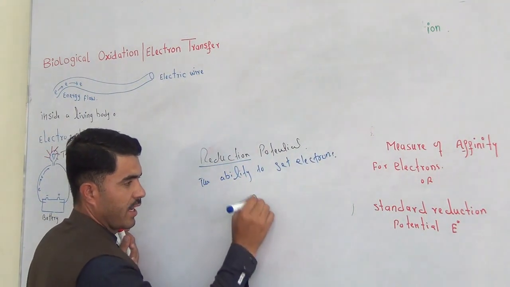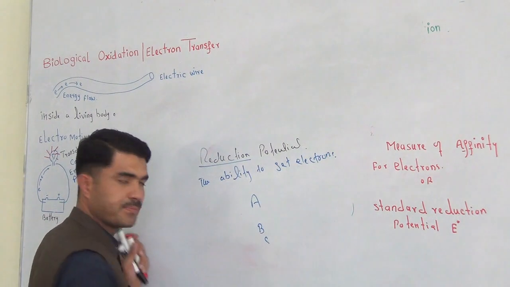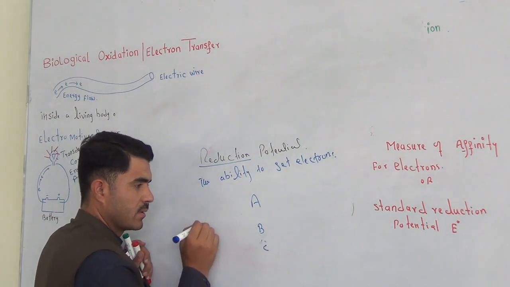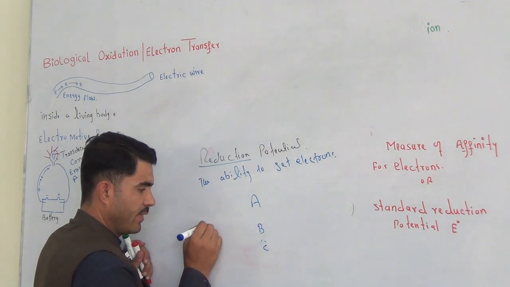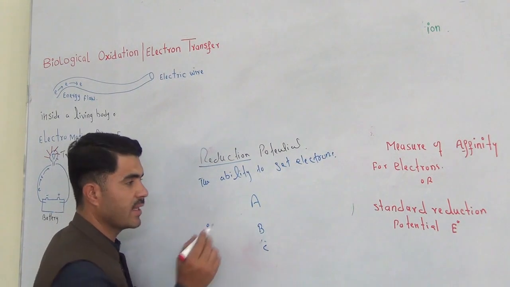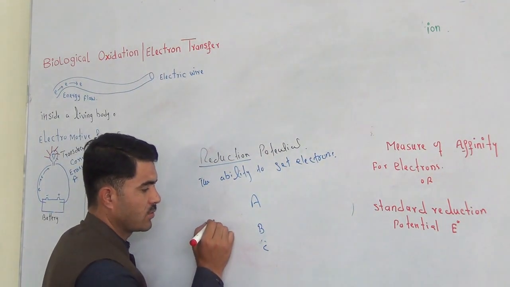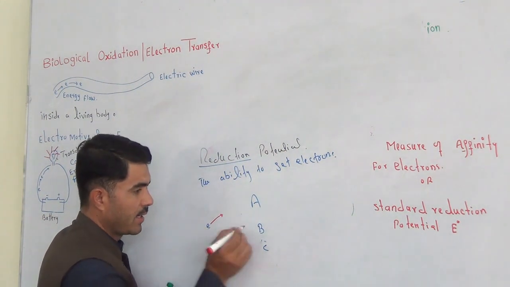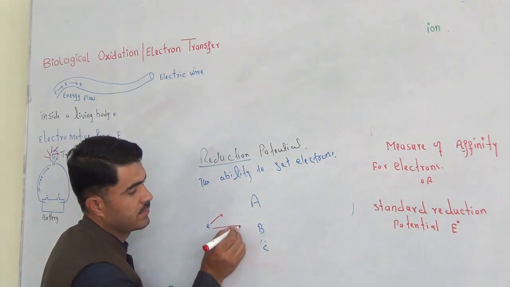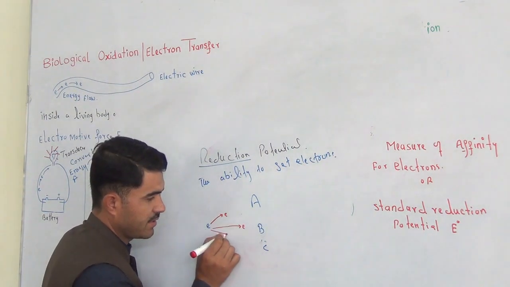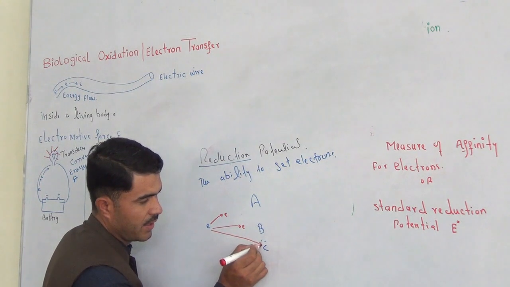Let's suppose we have A, B, C. Let's suppose we have an electron, and we see that the electron can reach only to this place in A, in B the electron can reach here, and in case of C the electron can reach here.